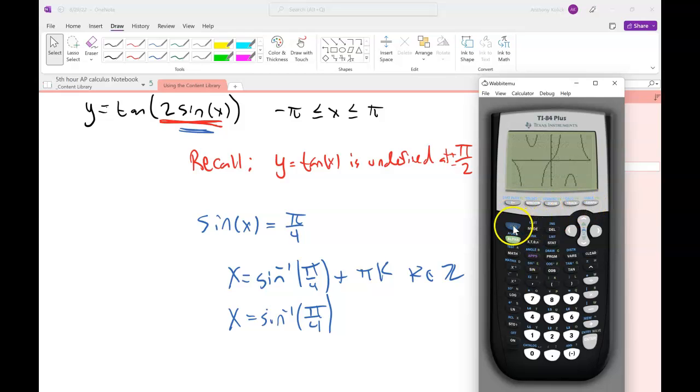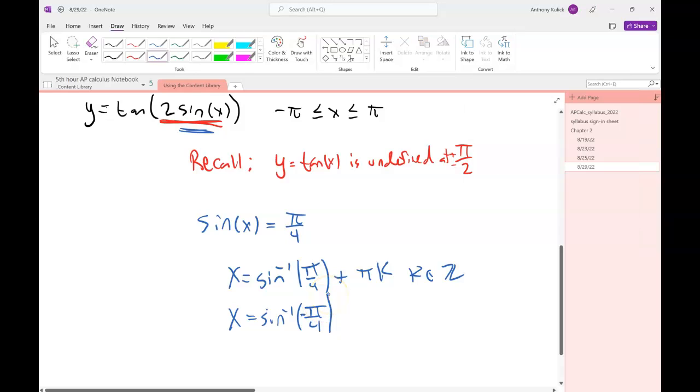I bet this is my other one. Yeah. You see why? We did negative pi over 4. Why was that going to work?